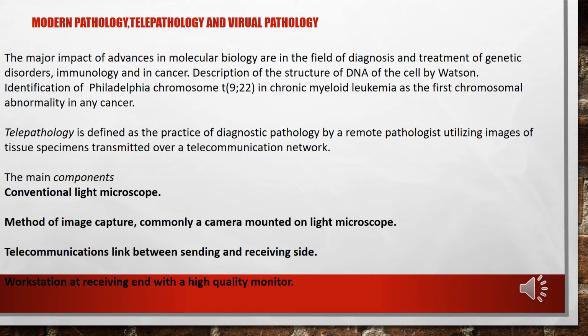Examples include the description of the DNA structure of cells given by Watson and Crick in 1953, and the identification of chromosomes and their correct number in humans, which is 46 chromosomes in somatic cells, given by Levan and Tjio in 1956.